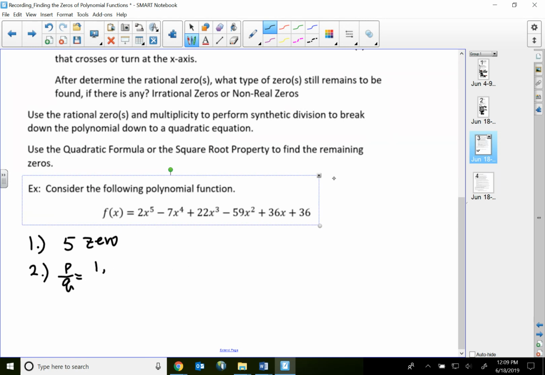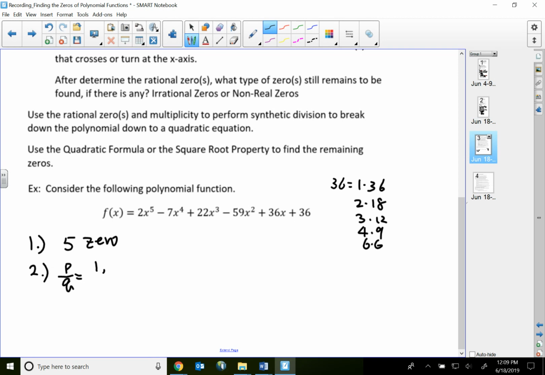Let me write it down here on the side. 36: 1 times 36, 2 times 18, 3 times 12, 4 times 9, 6 times 6. So it's 1, 2, 3, 4, 6, 9, 12, 18, 36.